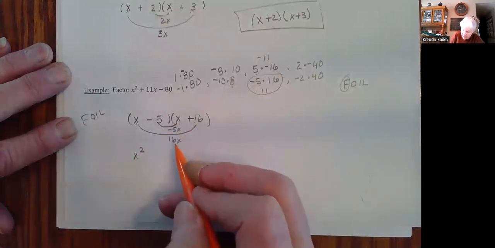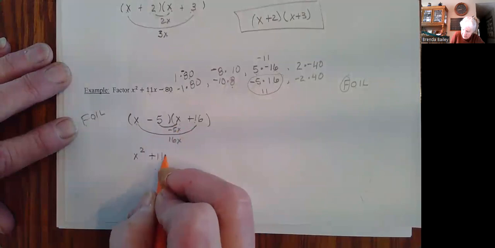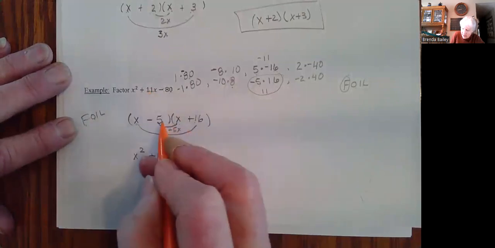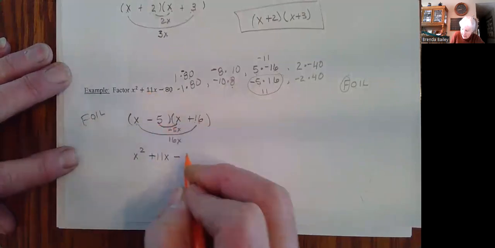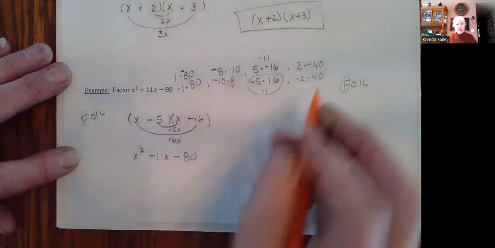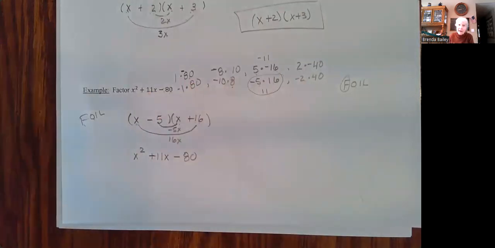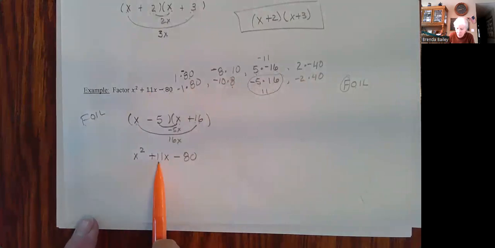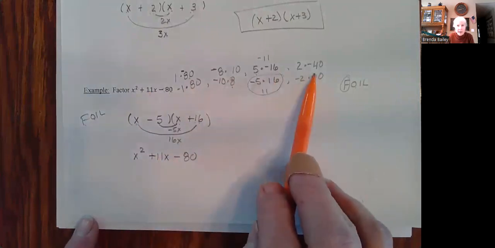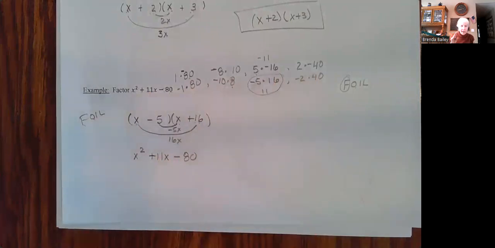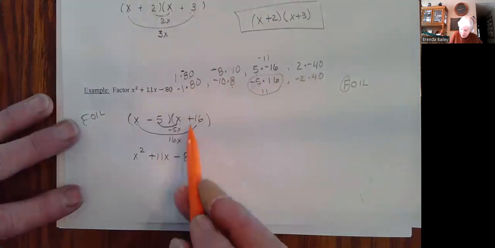Combining like terms, I get a positive 11x. That's what we wanted. And the last times the last we know is a negative 80 because that's how we set it up. Now, if we hadn't gotten the 11, we would have had to go back and try a different combination. So then we have our answer right here.